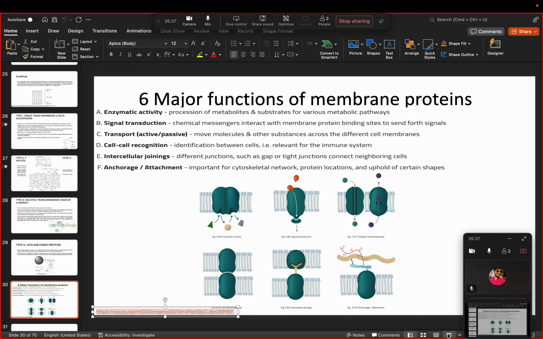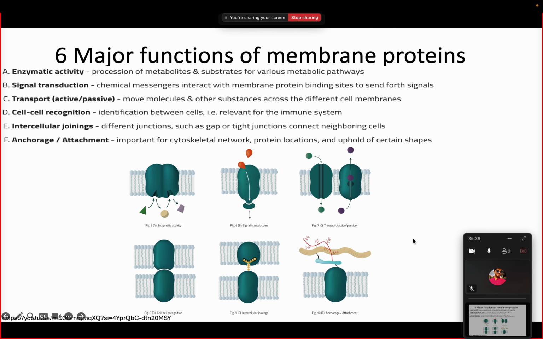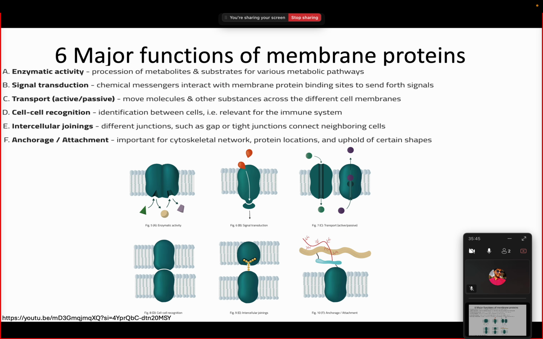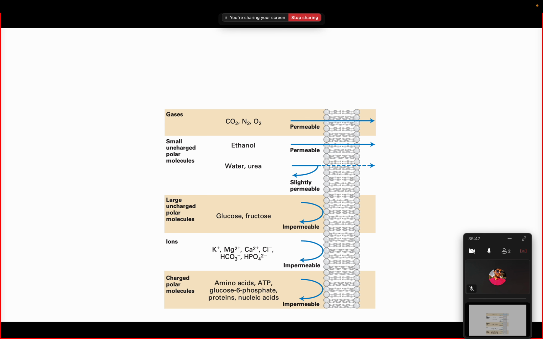Right, so that was the brief of it, but we have personally discussed 2 major functions, which are transportation and signaling. We're going to come back to that also, but at the end of the day, what is the basic principle guiding why we actually require proteins in the membrane?